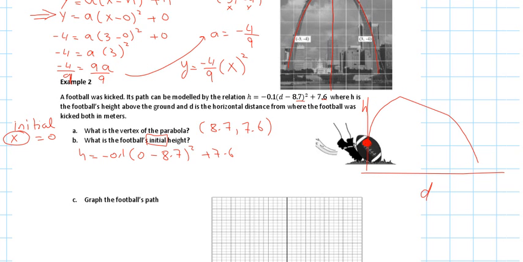Okay, so let's do the math here. BEDMAS says I have to do the brackets first, right? So 0 minus 8.7, that's negative 8.7, squared, plus 7.6. Then after brackets, I do exponents. So I have to do negative 8.7 squared, which gives me 75.69.